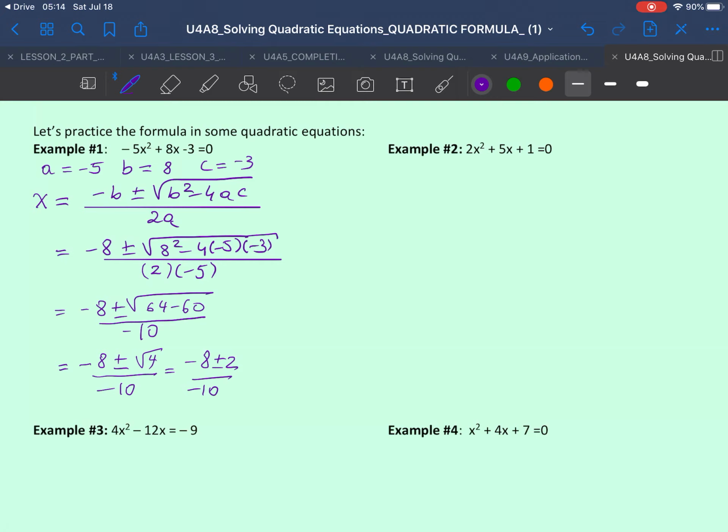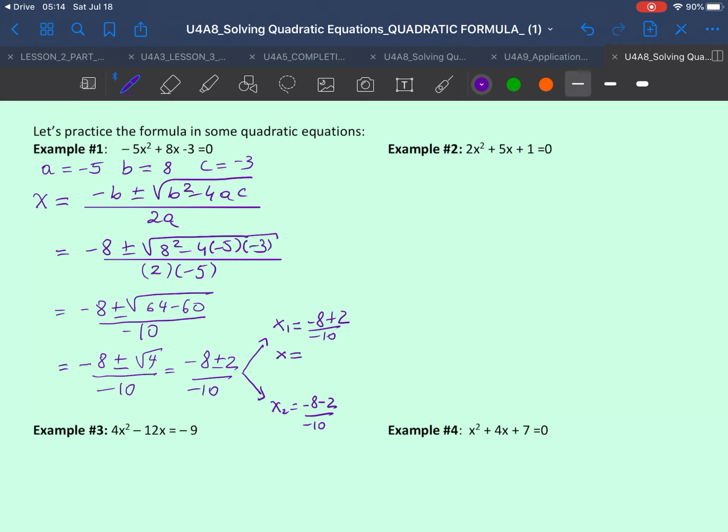And now that I've simplified the formula as best I can, I'm ready to state the roots. The first root is negative 8 plus 2 over negative 10, and the second root will be negative 8 minus 2 over negative 10.